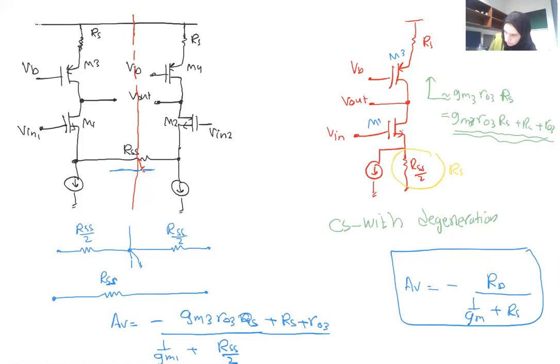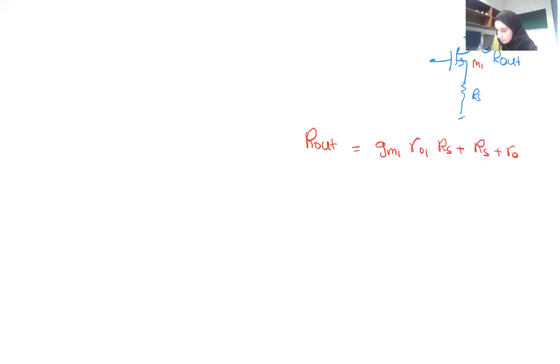They are not in series of each other. We have discussed earlier that, looking at this M1, the exact expression is GM1 R out 1 RS plus RS plus R out 1.